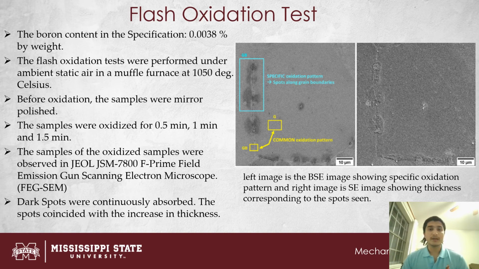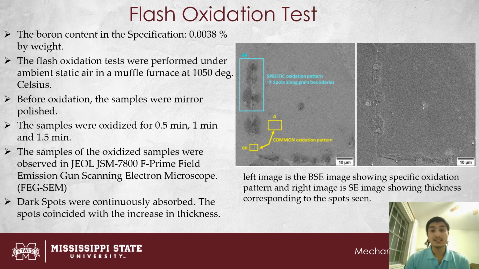When studied under the microscope after the oxidation, dark spots were continuously observed, and the spots coincided with the increase in thickness. Here the left image in the triangle part shows the specific oxidation patterns and the dark patterns.